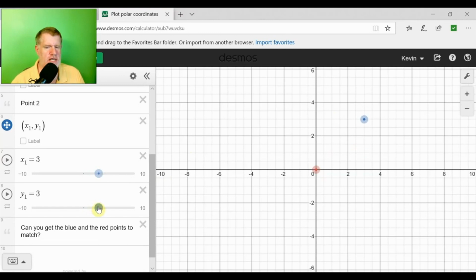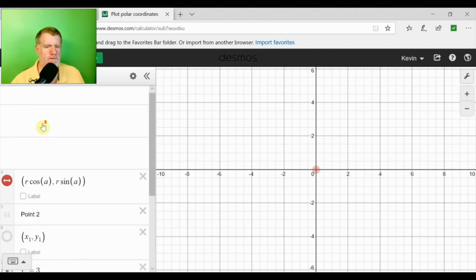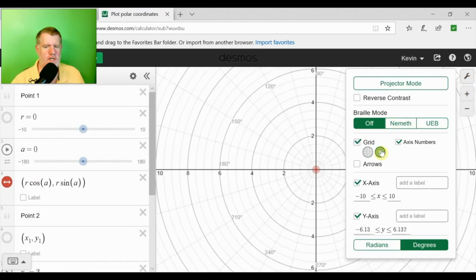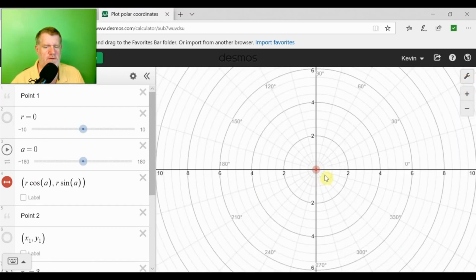Just like an Etch-a-Sketch. Now, when we do polar coordinates, we are finding a location in space given an angle and a radius. So notice how when I change the radius, the point gets further away. Radius is 6, it's 6 away. If I go negative, I'm just going in the opposite direction. And then the angle is my A in this case. My angle is how far I would spin.